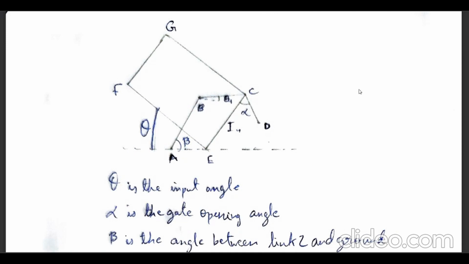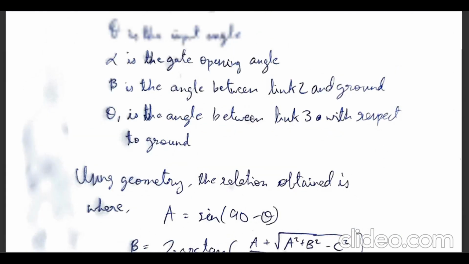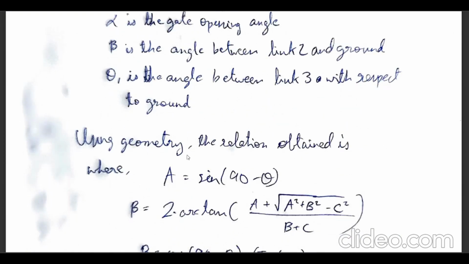Now we want to find some relationship between these angles, so that we can derive different outputs from our inputs. So here A equals sin 90 minus theta.